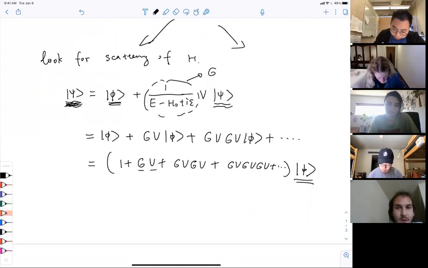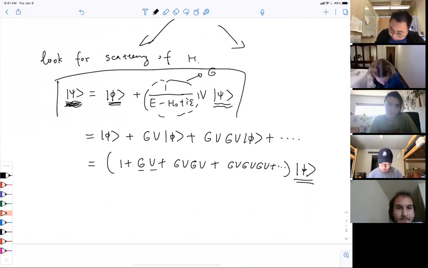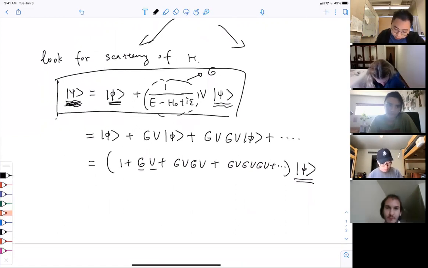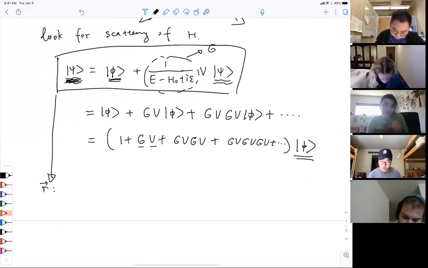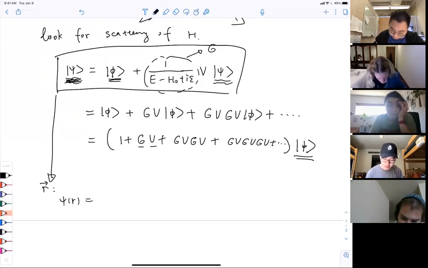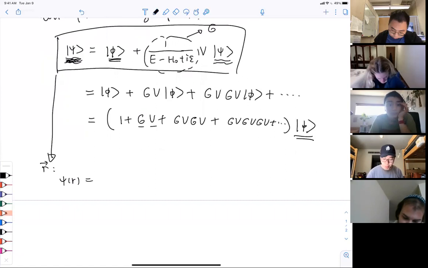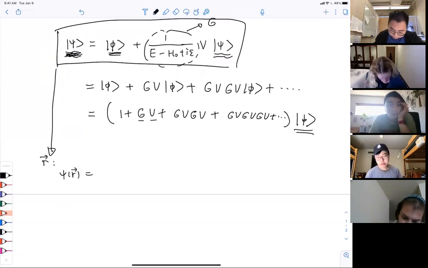Let's still look at the first line. We can write this in the real space representation. I believe you're familiar with this, I just repeat it.